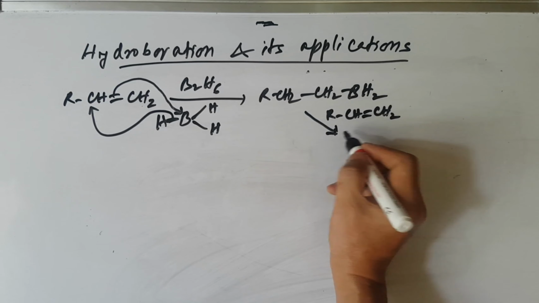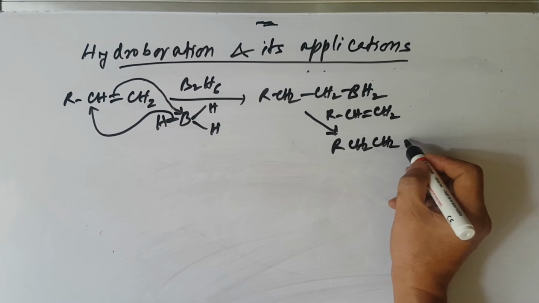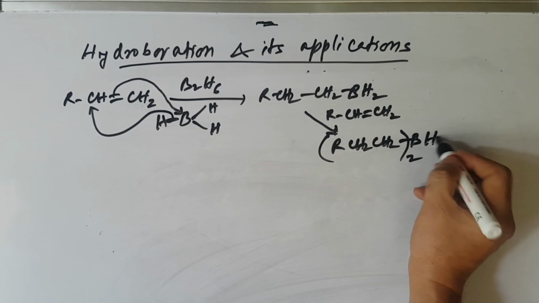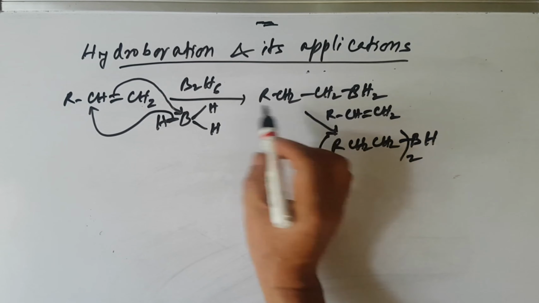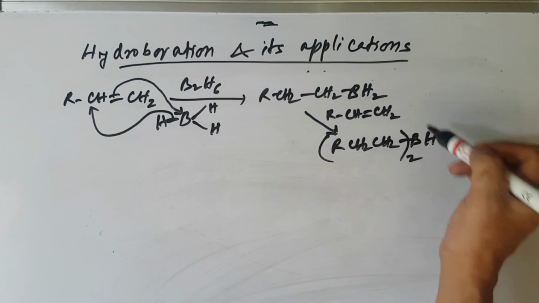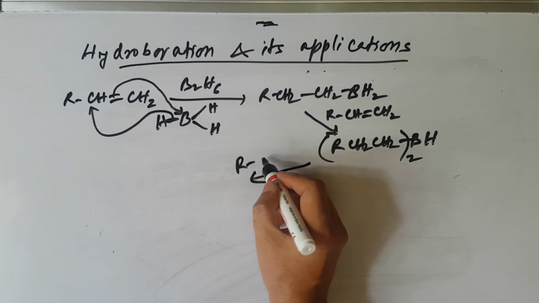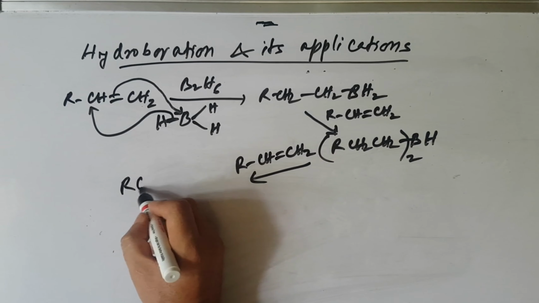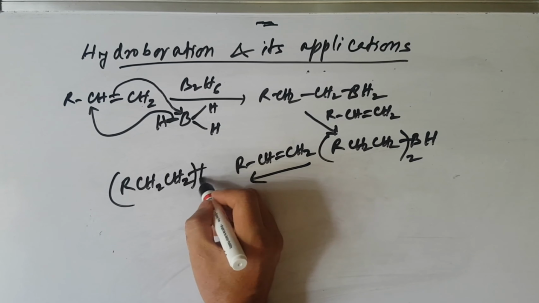So you can have another one, R CH2 CH2 B. Okay, these two molecules like this. So here the number of hydrogen atoms decreases, and again another olefinic compound can attack here to give CH2 CH2. So it comes here 3.